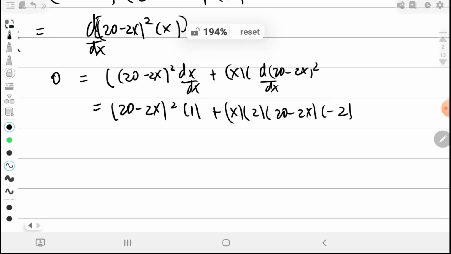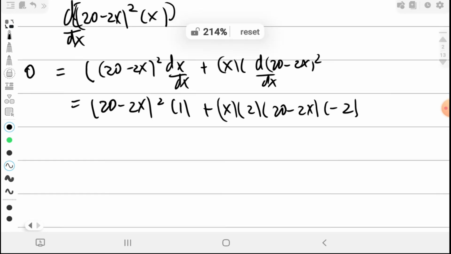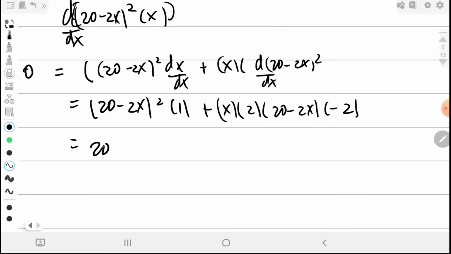So from this differentiated equation, pwede nating i-factor out yung 20 less 2x. So 20 less 2x, ang maiiwan is yung ating 20 less 2x, may maiiwan na 20 less 2x dito, plus dito naman we have negative 4x.